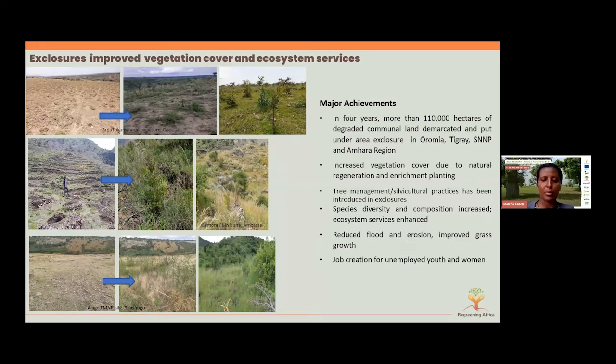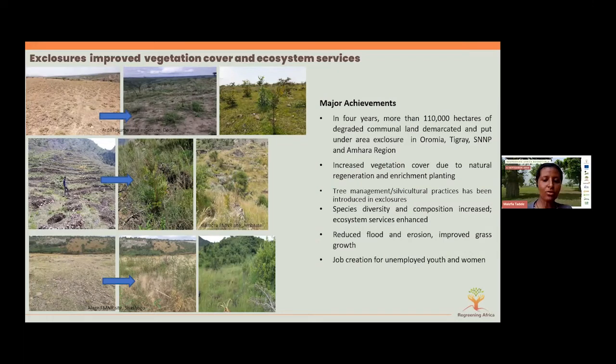But because of our negotiation and engagement with local government, and we raised awareness with stakeholders at local level on the importance of these silvicultural practices and resource utilization to ensure sustainability, we managed to introduce the silvicultural practices in some pilot area closures in Ethiopia.